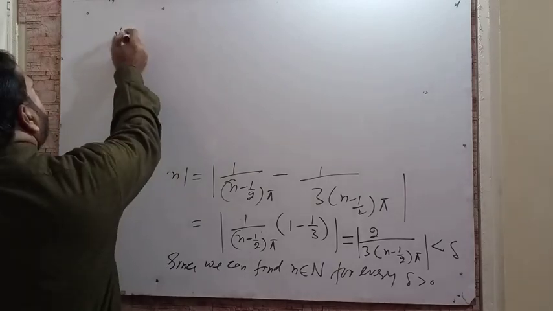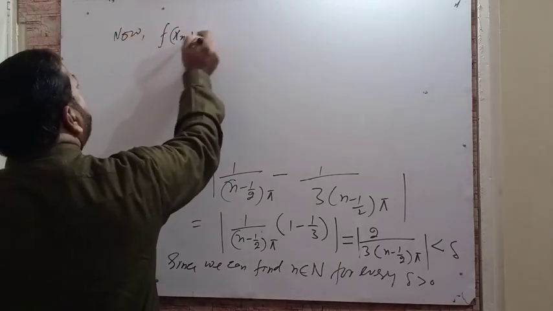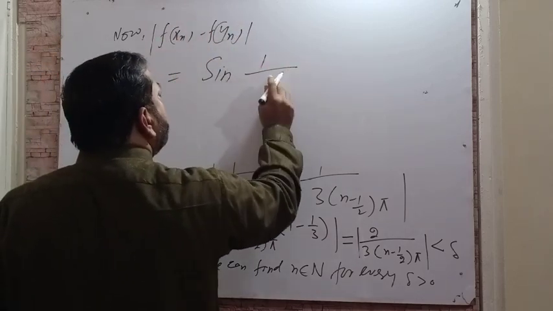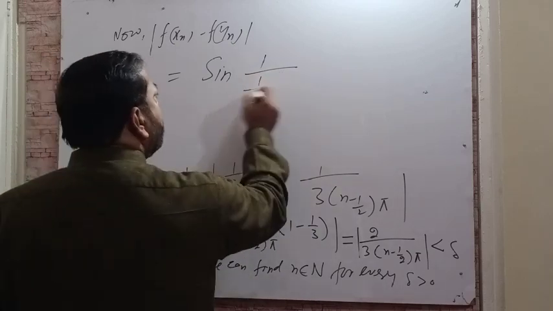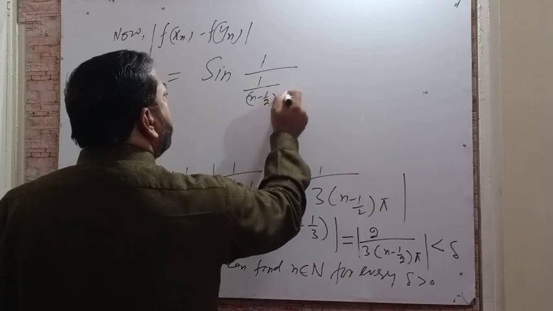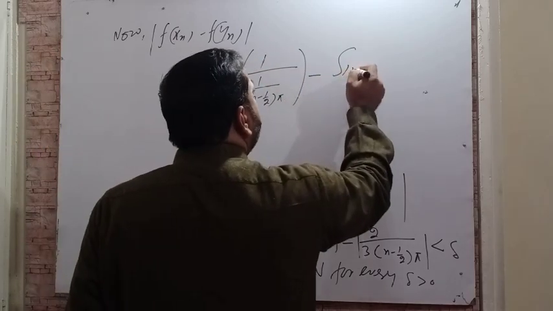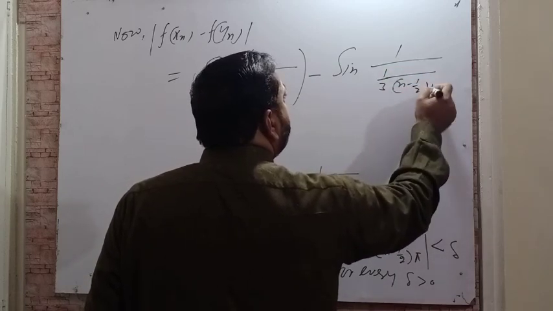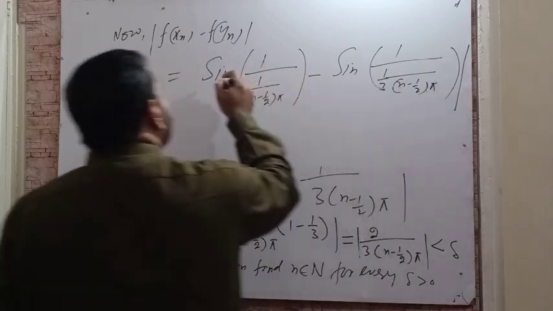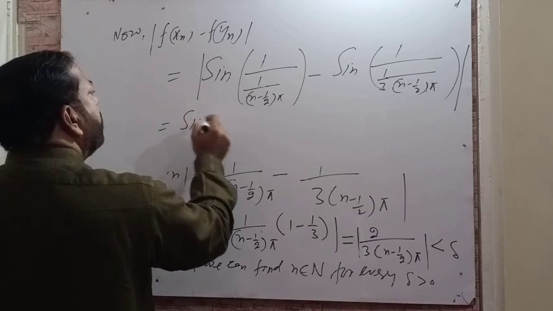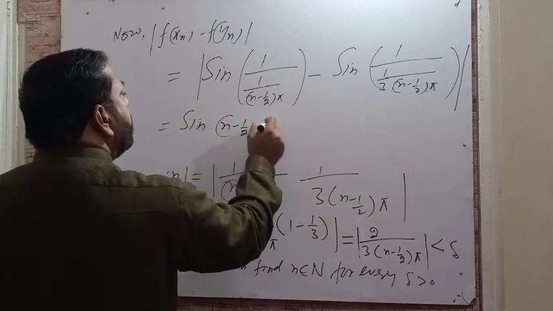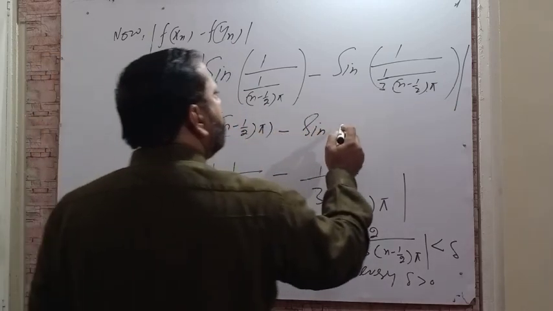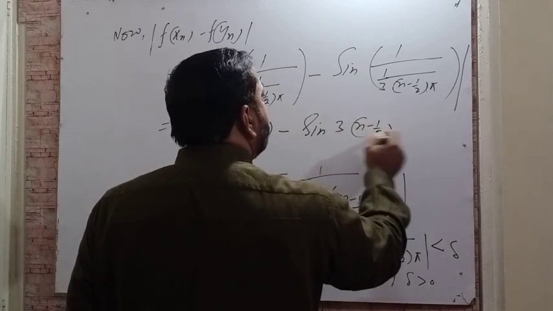So now f(xn) minus f(yn) is equal to sin of 1 over 1 over (n - 1/2)π, minus sin of 1 over 1/3 into 1 over (n - 1/2)π, and this is equal to sin of (n - 1/2)π minus sin of 3(n - 1/2)π.